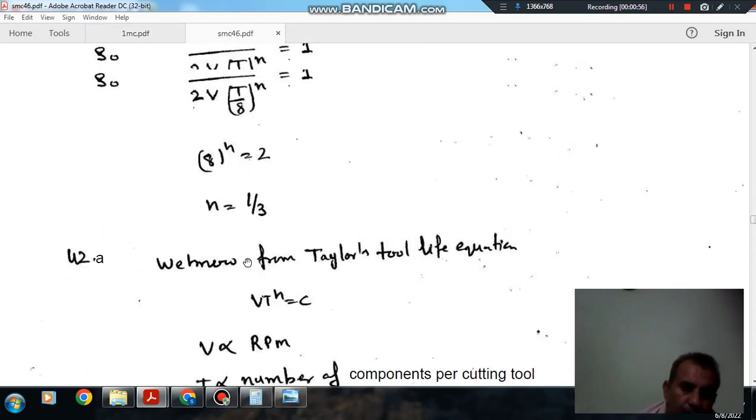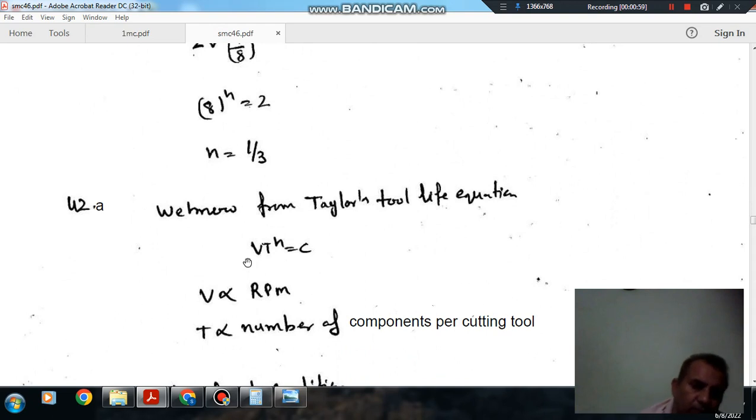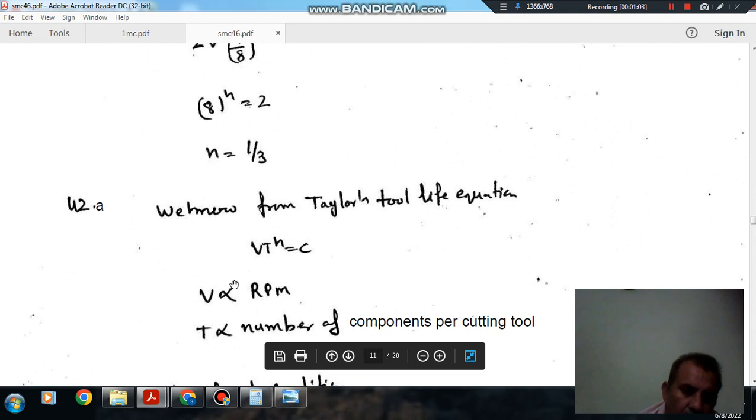So here we know from the tool life equation, Taylor's tool life equation, VT^n is equal to constant. Here the RPM are given, so velocity is directly proportional to RPM because velocity is pi DN by 60, if we take D as constant.